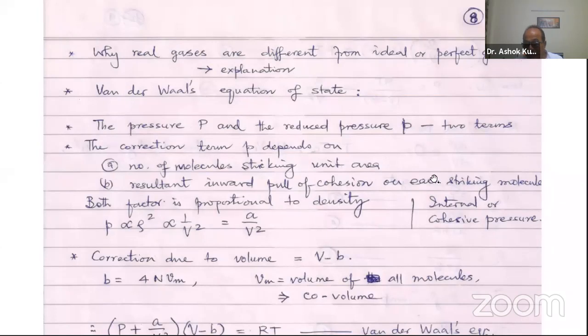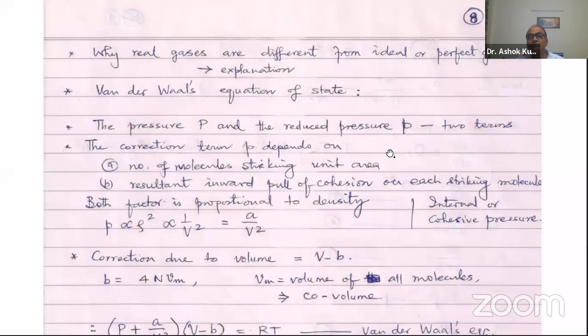That means whatever pressure you are measuring, the pressure exerted by the gas, is not correct. Actually it should have been a little more, right? So what is that little more? That is the correction term. So we should have added a correction term equal to small p. So instead of P, there should be P plus small p. All right.